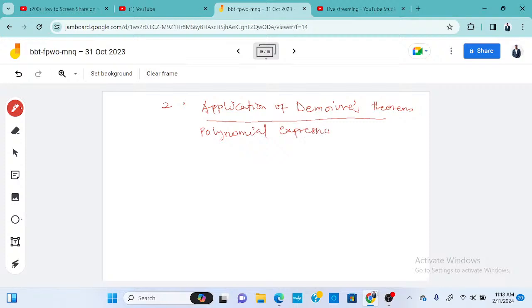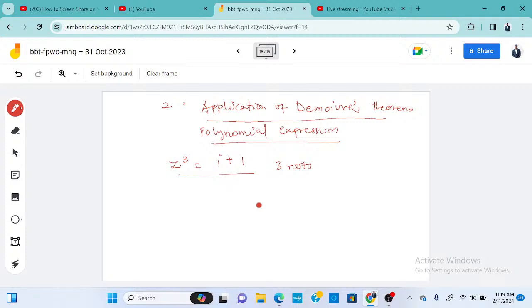So I'll just take an example so we solve. I have the expression z cubed is equal to i plus 1. This is a polynomial equation which demands that we find all the three roots of this equation. How do we find the three roots of this equation? We can simply apply De Moivre's theorem here.